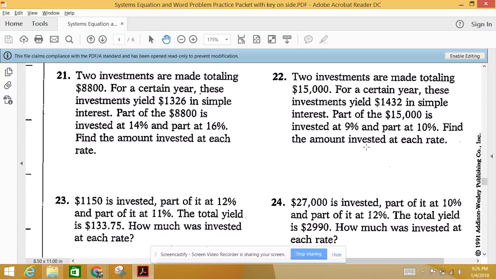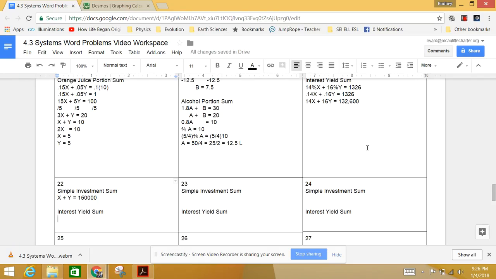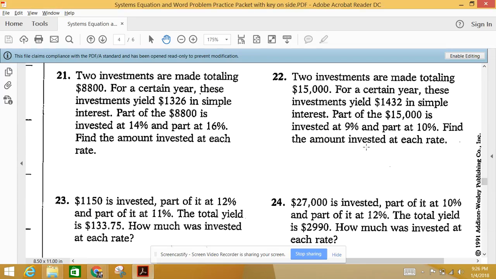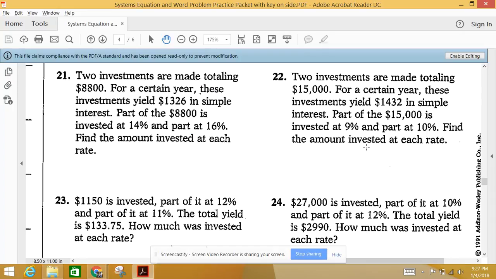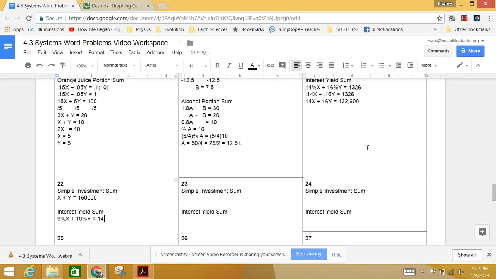So we're going to also have the interest yield sum to represent the two parts of the investment and the money that came back from them. So I'm going to say the x is the 9% one. So for x, I've got 9% of what I invested is promised to come back, and 10% of the y amount I've been promised to get back. And that is going to get me $1,432.